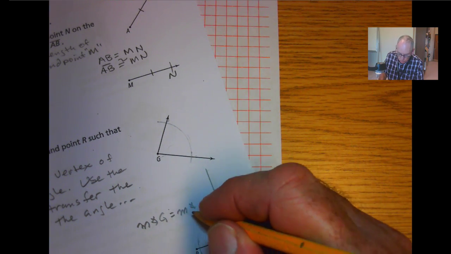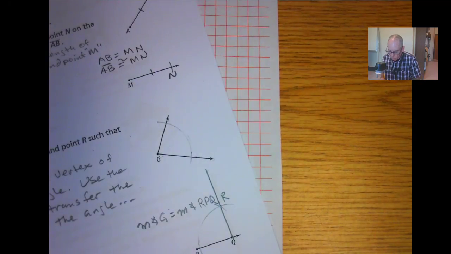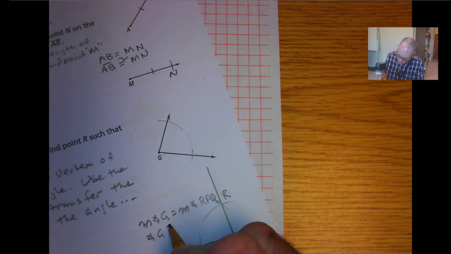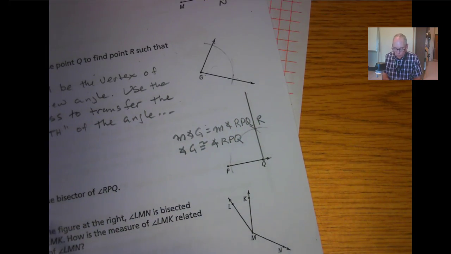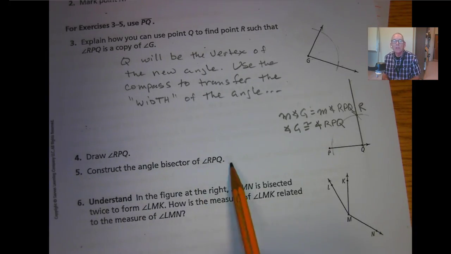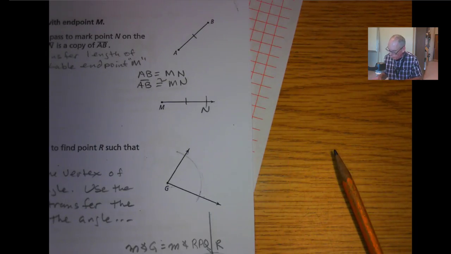If we did this correctly, we would say that the measure of angle G is equal to the measure of angle Q, or angle RPQ. For 4, they want us to draw angle RPQ. And then we strike the arc.